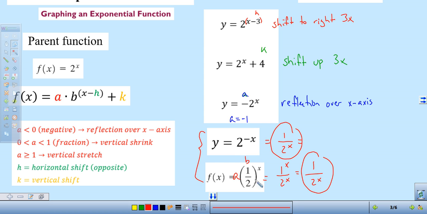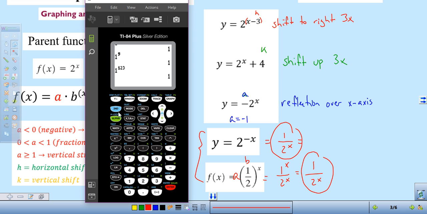To be able to see what this one really is, because I haven't given you the directions over here as to what it is, let's plug in our calculator. So let's go y equals. We've got our parent function. It's fun to put our parent function there as a comparison. Remember, this is our parent. And now we type in what we have. We can type in any form of these. So we could do 2 raised to the negative x. We could graph.